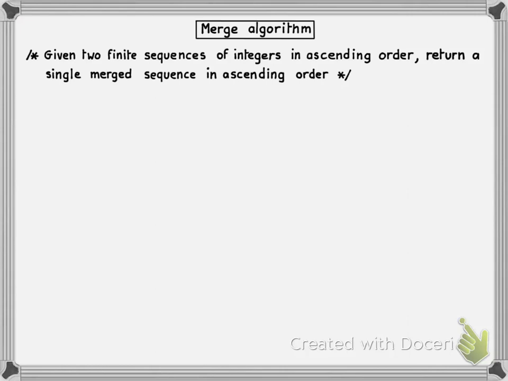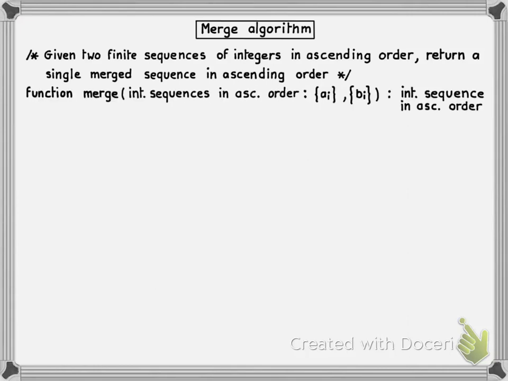Here is a pseudocode description of an algorithm to solve this problem. I call this the merge algorithm. It's a function, since it returns a sequence of integers. I'm going to call it merge, and it takes in two arguments, two sequences, which I'm going to call A sub i and B sub i, with a standard notation for sequences.